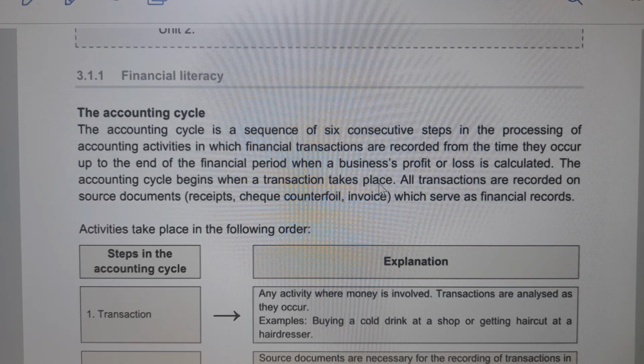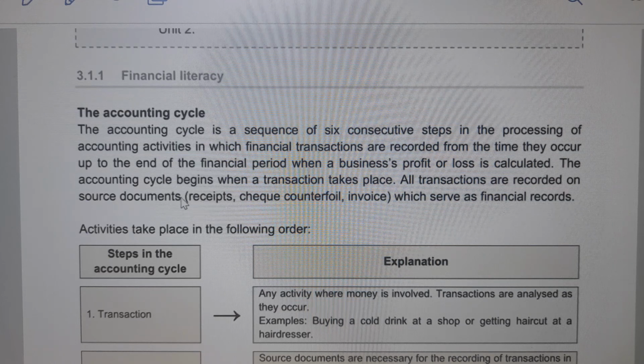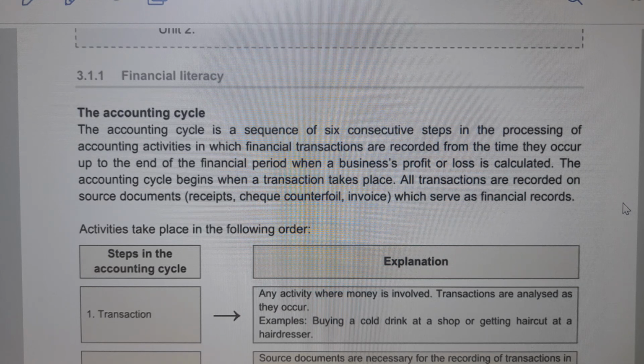All transactions are recorded on the source documents. Examples of source documents are receipts, cheques, and invoices, which serve as financial records.